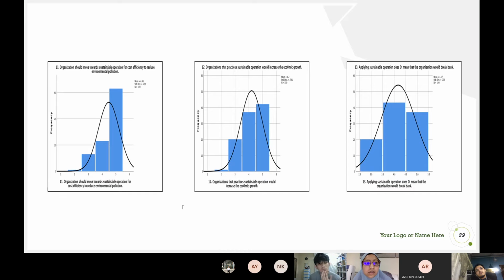Question number 13, that is, applying sustainable operation does not mean that the organizations would break banks. Based on 100 respondents, the highest percent, which is 43%, agreed with the statement, and the second highest, which is 37%, strongly agreed, and the lowest percentage, which is 20%, was satisfied with the statement.